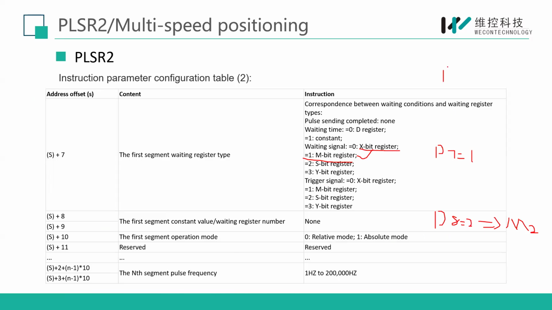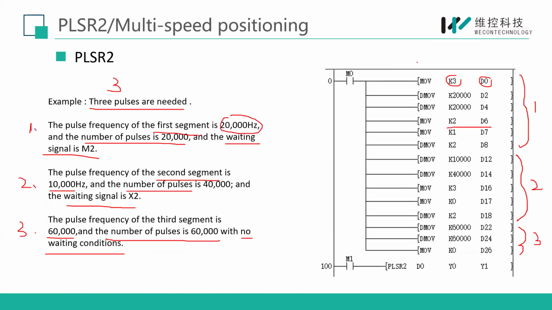So in this case, in the second segment, we need to set D7 to 0. 0 means the X register, and the register is X2. So this 2 we need to set here. So D8 is 2, it means the X2 register. Let's feed back. So this is about setting the waiting signal.